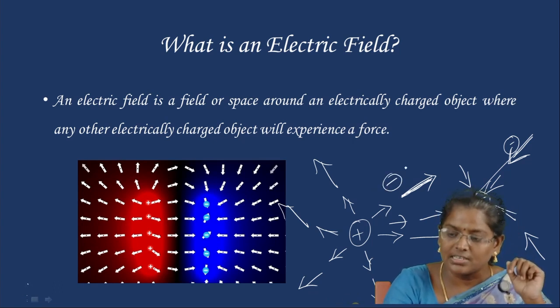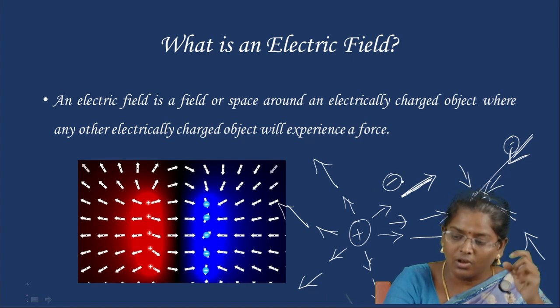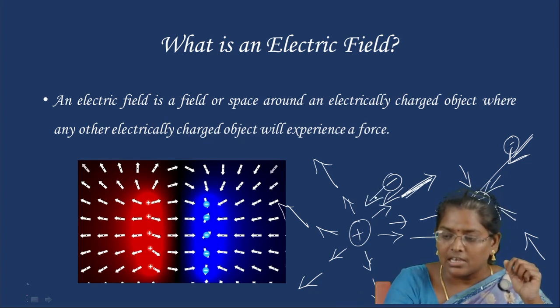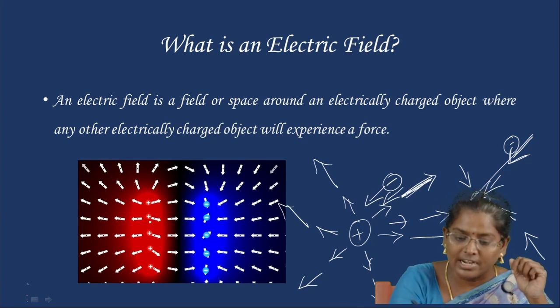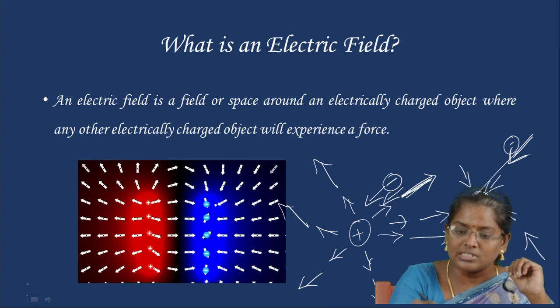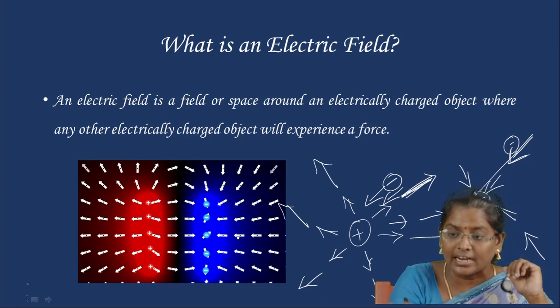Then this electron will be attracted towards the positive charge with this magnitude and in this direction. So what we understand is, around a positive charge, the lines are directed away, and around a negative charge, the field lines are directed inwards. This diagram represents an electric field or electric force.